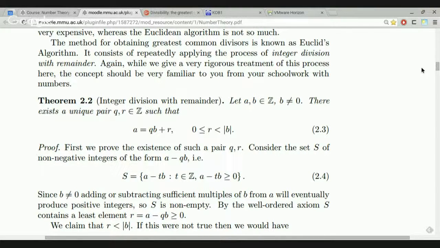And what it says is that every non-empty subset of the positive integers has a least member, a least element, or smallest element.